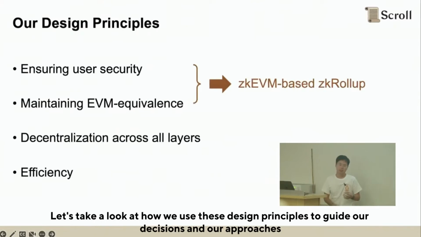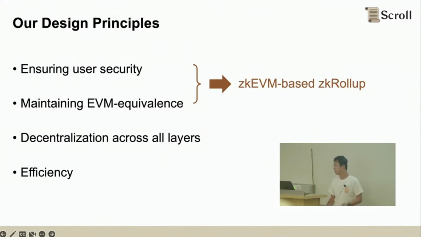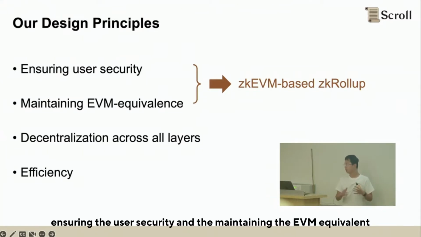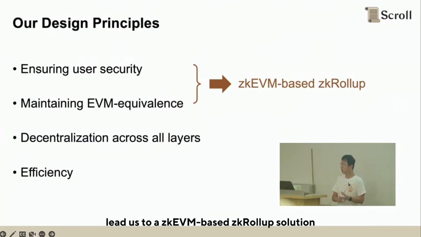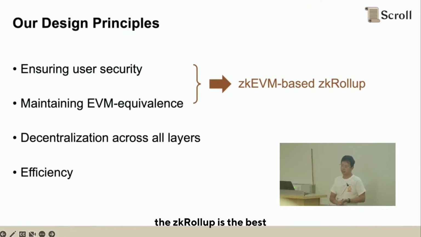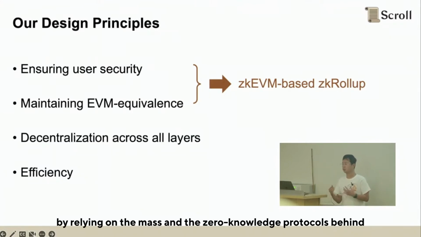Next, let's look at how we use these design principles to guide our decisions. First, ensuring user security and maintaining EVM equivalence lead us to a zkEVM based zkRollup solution. The zkRollup guarantees great security by relying on math and zero-knowledge protocols behind it.